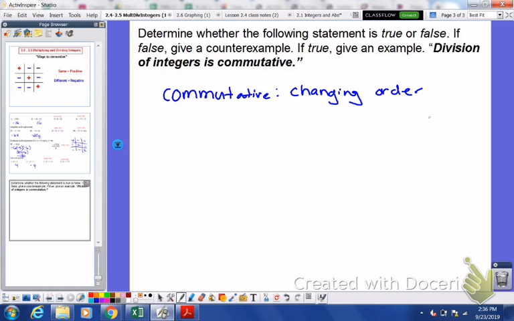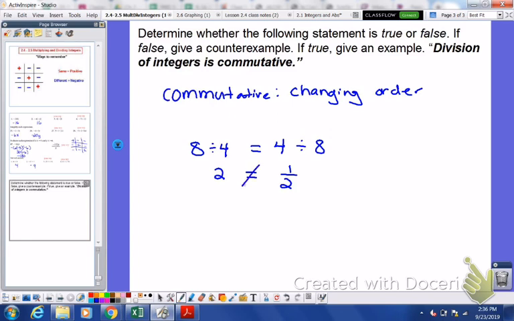If I just pick any two numbers, 8 divided by 4, does that equal 4 divided by 8? Well, if I check this out, 8 divided by 4 is 2. 4 divided by 8 is 1/2 or 0.5, so they are not equal.